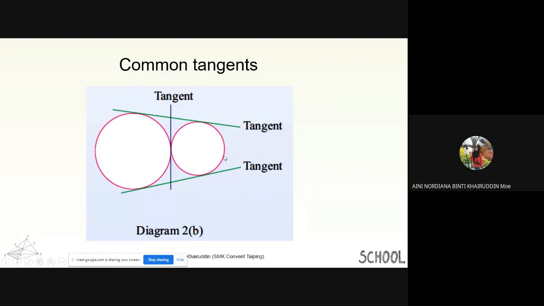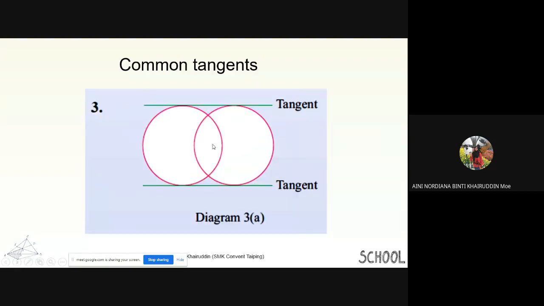Kadang-kadang soalan akan tanya, kalau 2 circle tu separate, ada berapa common tangent? Ada 4. Kalau circle tu rapat macam ni, ada berapa tangent? Ada 3. Kalau dia bersilang pula macam ni, ada berapa tangent dia? Ada 2 sahaja.